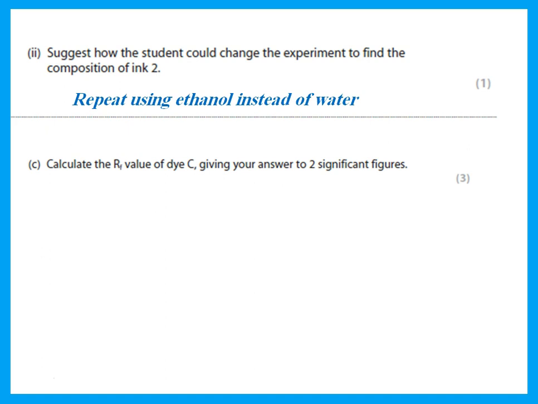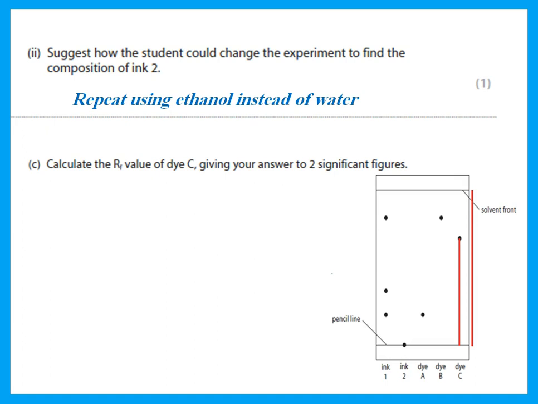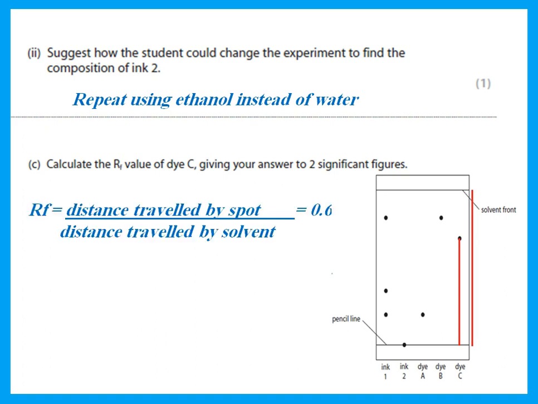Then it says, calculate the RF value of C. How do we calculate the RF value? You should remember that the RF value is the distance from the baseline to the spot divided by the distance from the baseline to the solvent front, where the solvent went up to.